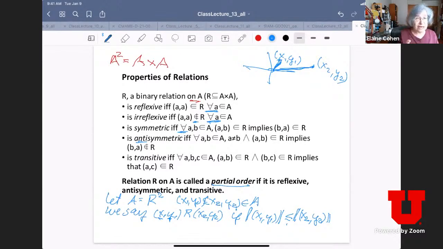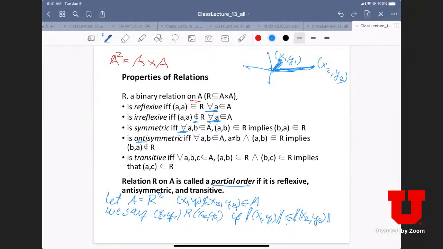Is it symmetric, anti-symmetric, or neither? For two points that are related, if the distance along the line from the origin to (x1, y1) is less than or equal to the distance to (x2, y2), is it flipped the other way? Well, it would seem, the way I drew it, that no, it can't be.